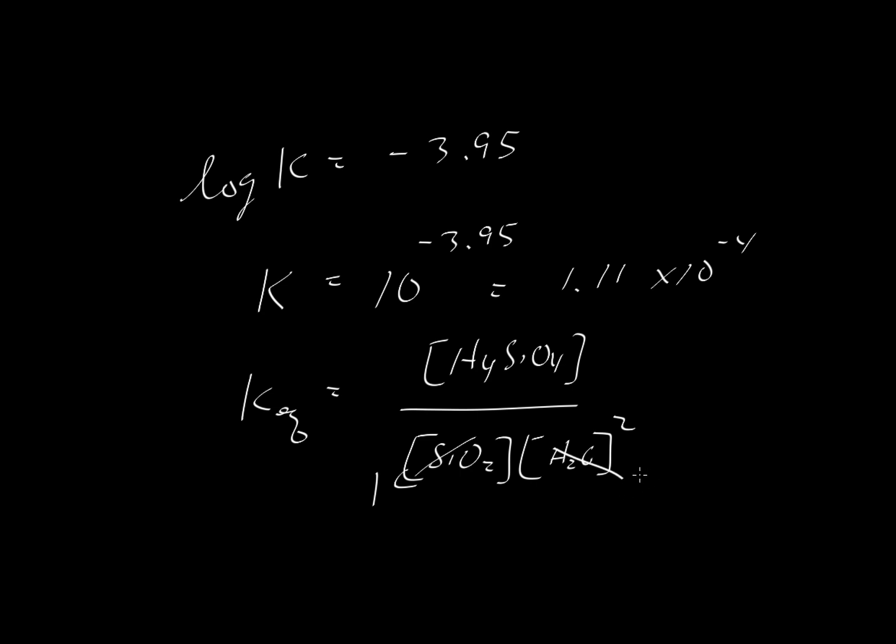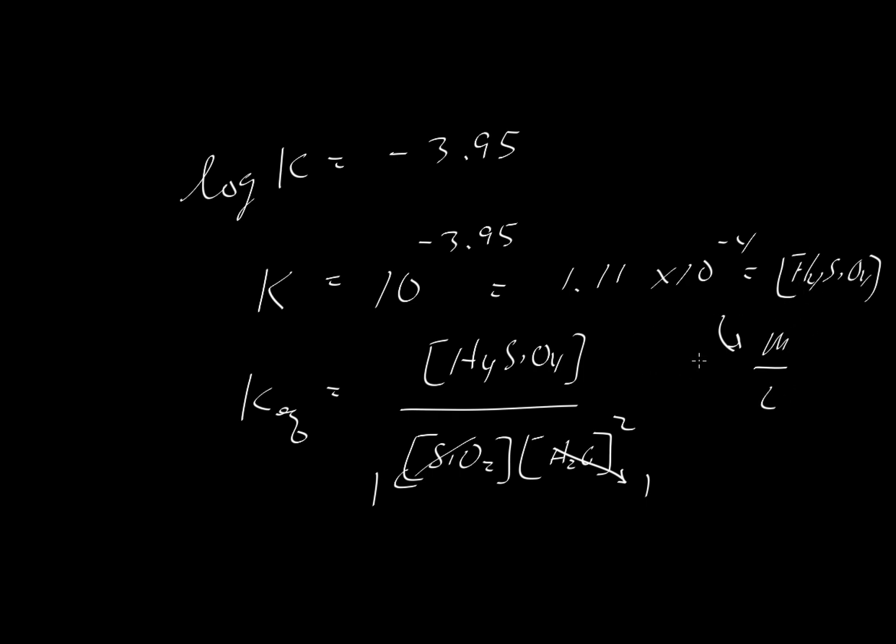If we have pure water to start with, it'll still be pretty pure when we're done. That can drop off to 1 as well, and 1 squared is 1, which means that this whole thing is equal to the molality, or the concentration, of H4SiO4. So here we can get the concentration. This would be in units of moles per liter of silicic acid in solution.